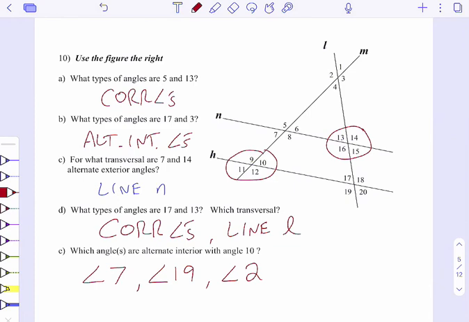Is there a line that would be a transversal for these? Is there any line that hits both of those angles? Right? There's no transversal. There is no line that hits those 2 groups. Same thing with these 2 groups. There's no lines that hit those 2. So these don't share any lines. So that's why you can't do it for those.